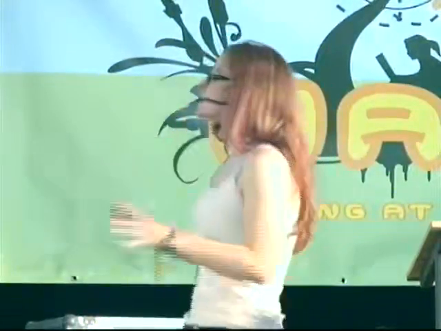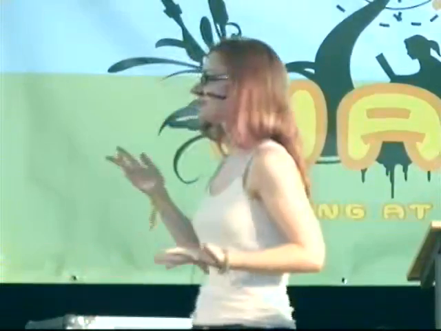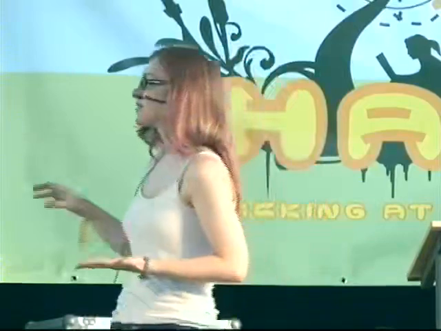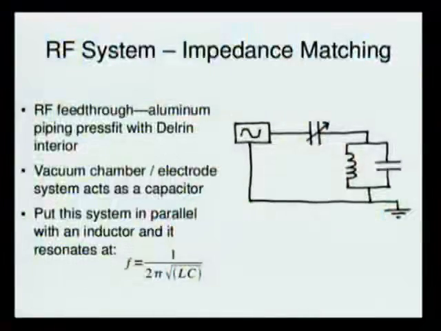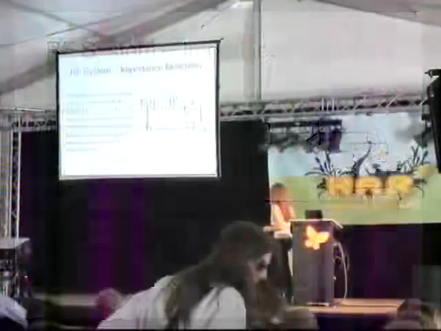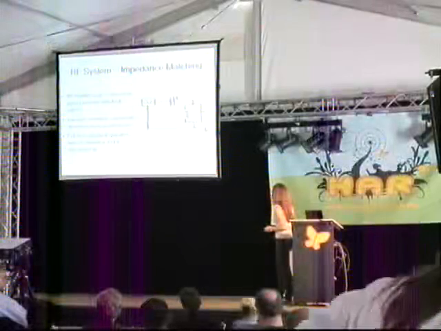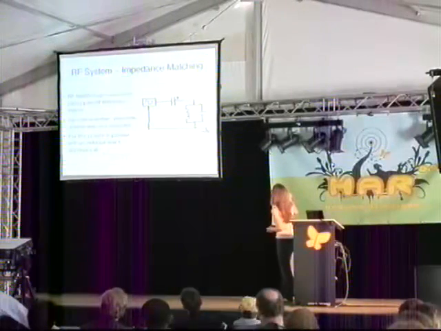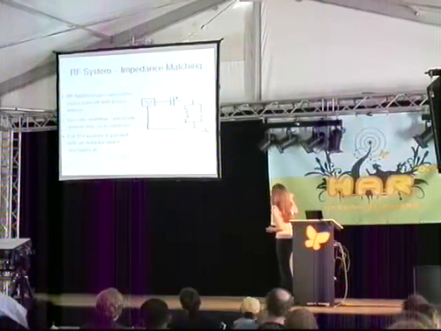You put the system in parallel with an inductor, and just from basic current analysis, it resonates at a particular frequency, which is given by 1 over 2 pi root LC, where L is your inductor, C is your capacitor. So they're in parallel on the circuit diagram. For example, this is your function generator, this is a variable capacitor that we're getting into later, this is your inductor, this is your system capacitor, and that's ground.